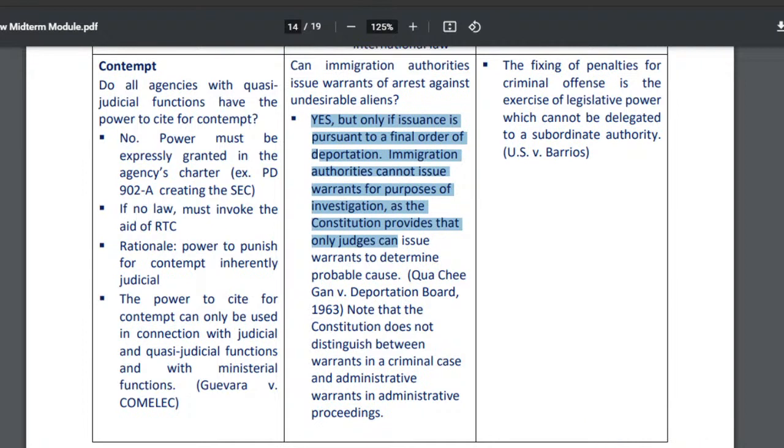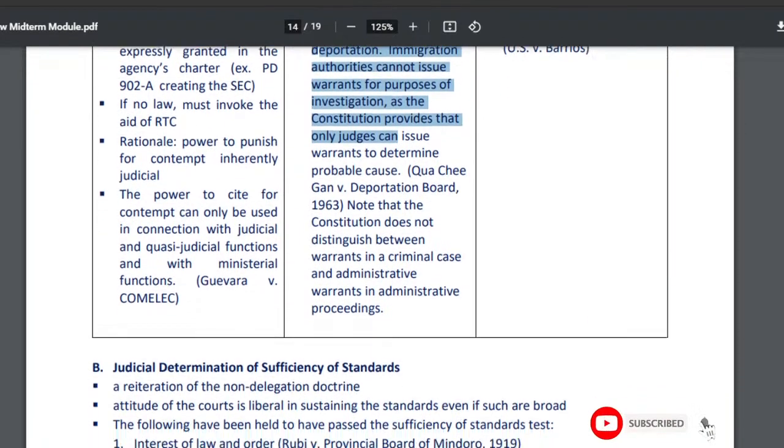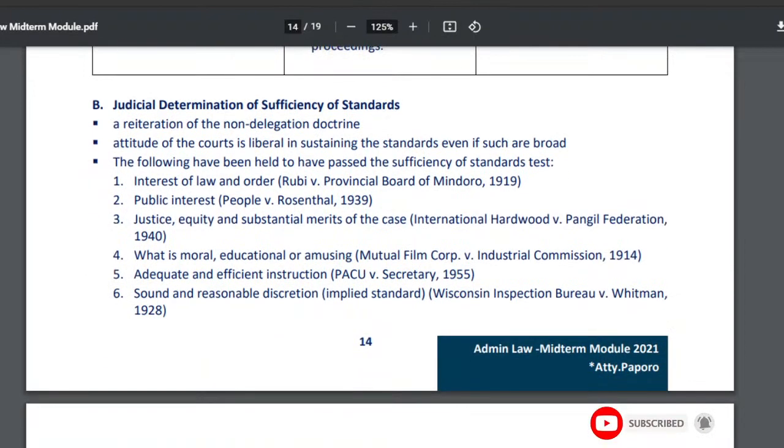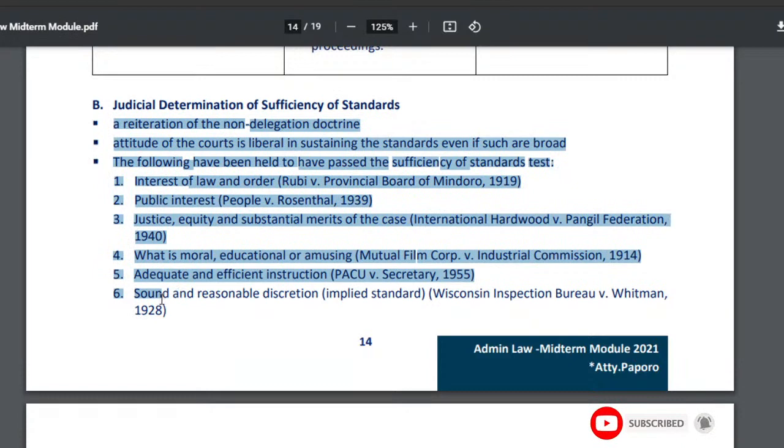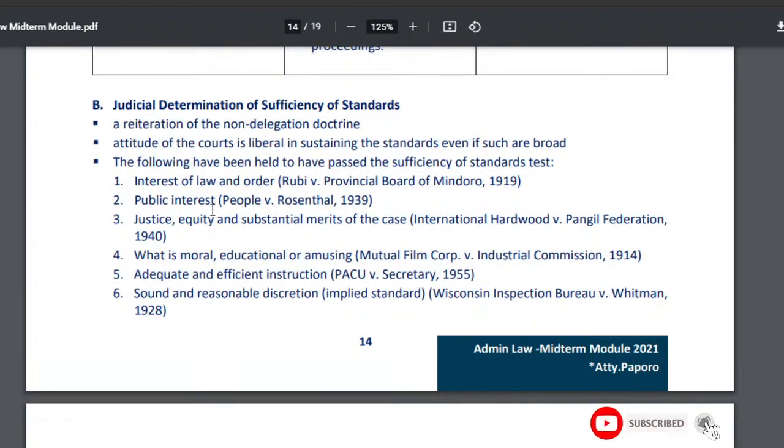Okay? Now, we proceed to judicial determination of sufficiency standards. You can actually read this on your own. These are very understandable. Okay? Self-explanatory. So these are the following cases wherein the sufficiency of standard test was used. So we have here the following. They have passed the sufficiency of standards test.